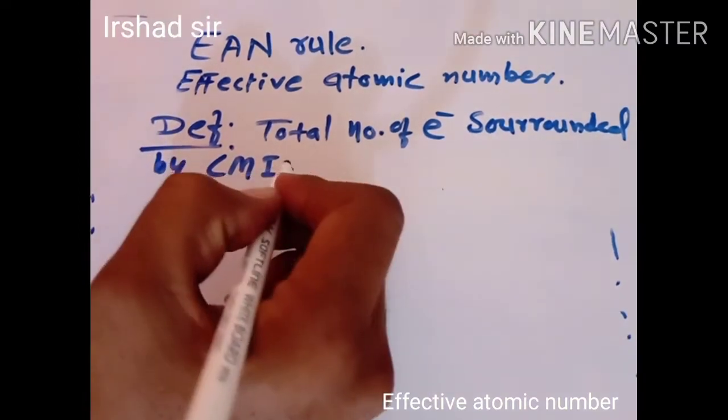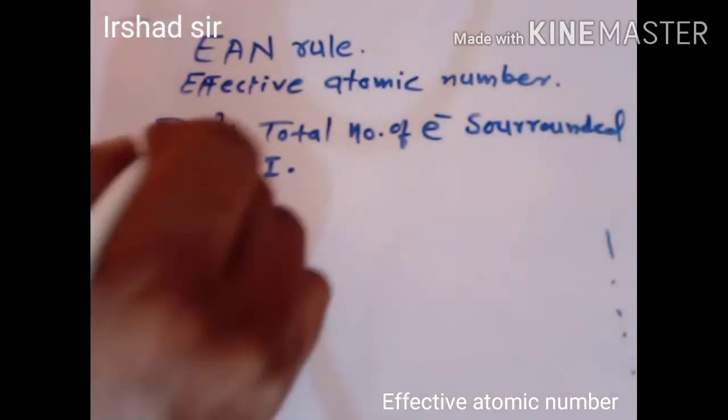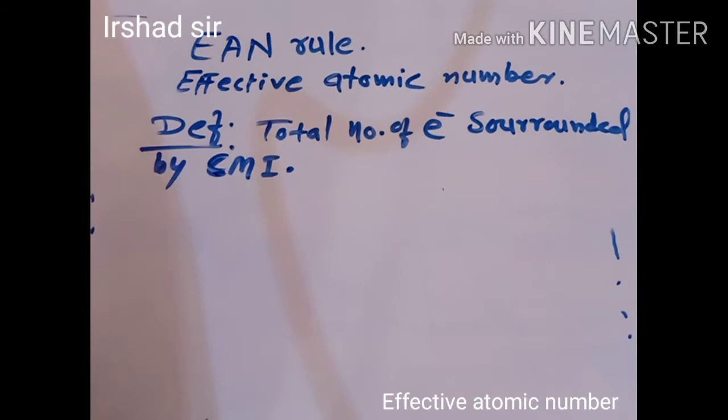Now, according to this rule, every central metal ion always tries to accept electrons from the ligand until it achieves the nearest noble gas atomic number or electronic configuration.